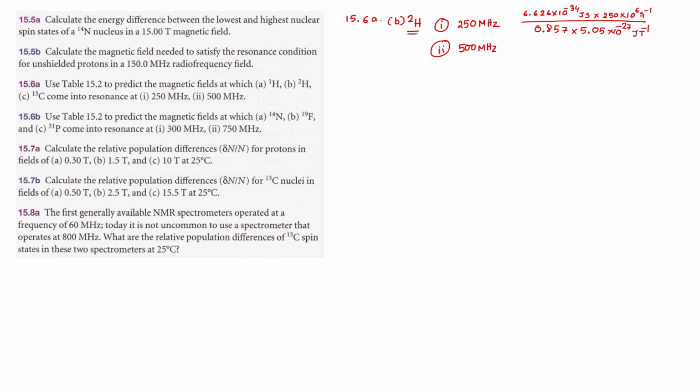0.857 into the G factor I looked for is like this. So here it is again 250 instead of 5.857. So actually you are going to see now you will require a much bigger magnetic field because it has less, right?